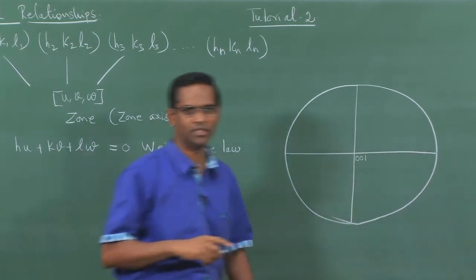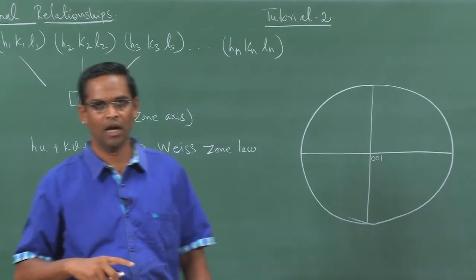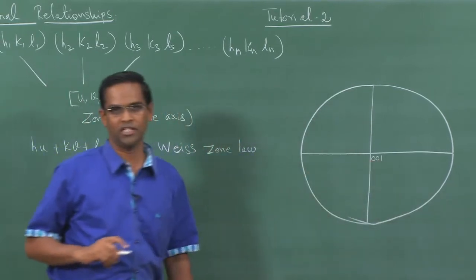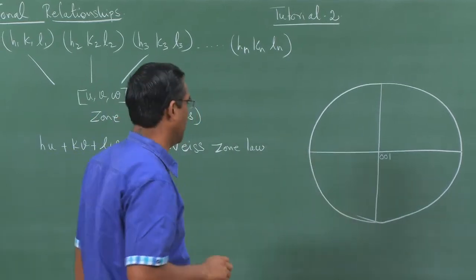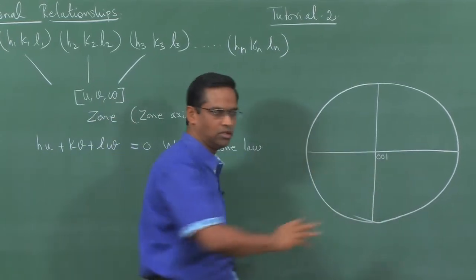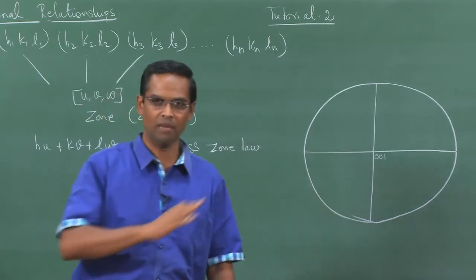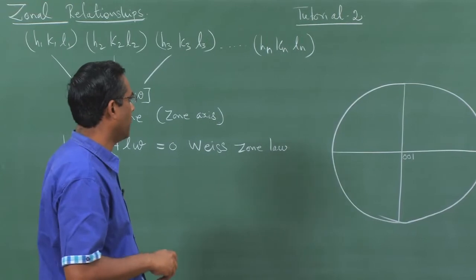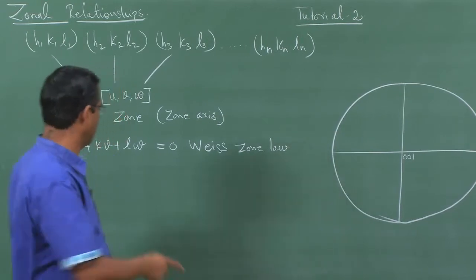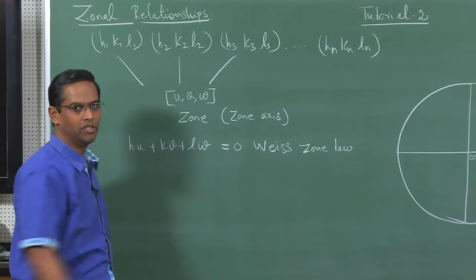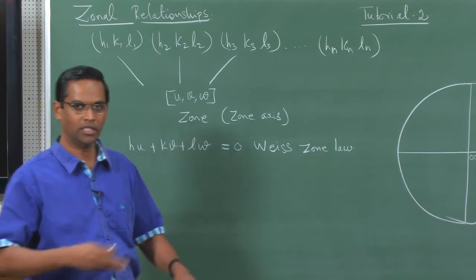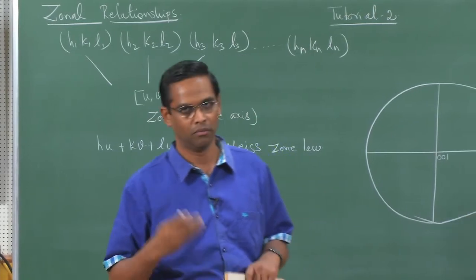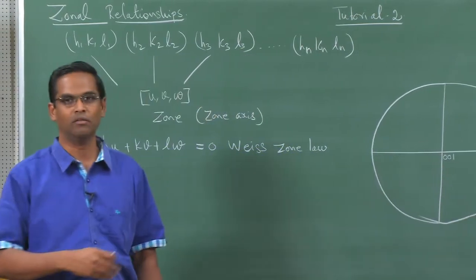What I am going to do, which you already know, is draw a 0, 0, 1 projection, and then find out all the poles which can be identified from this stereogram, and then look at how this zone law can be directly visualized from this, or how to find out the zone axis for a given number of poles.